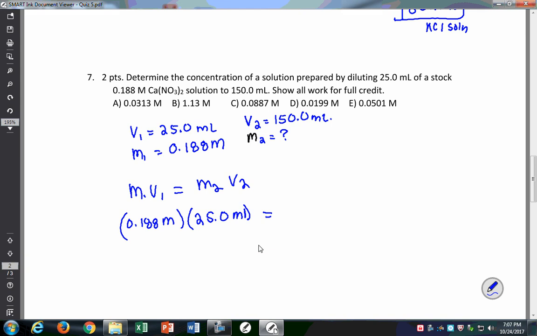It's just a ratio. You can convert them to liters, it won't change your answer. You can play around with that. So M2 is equal to 0.313 molar. Notice the difference between 6 and 7. In 6, we had a chemical reaction. In 7, we didn't. It's just a dilution.